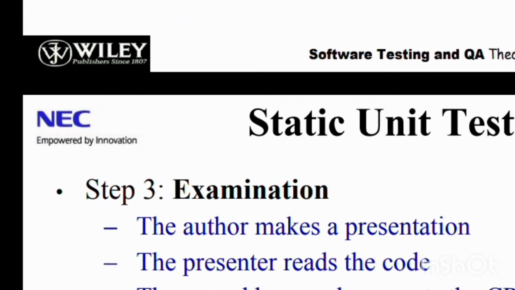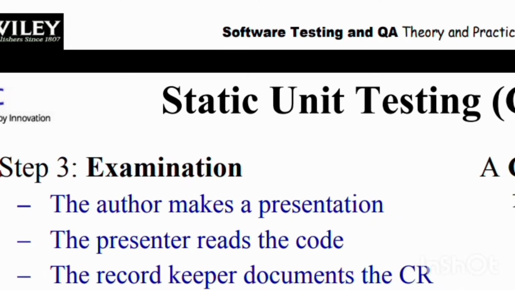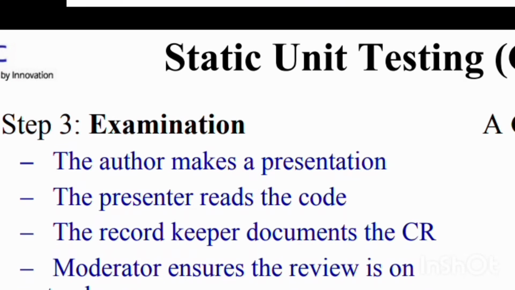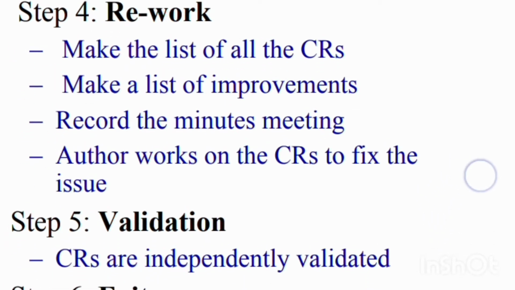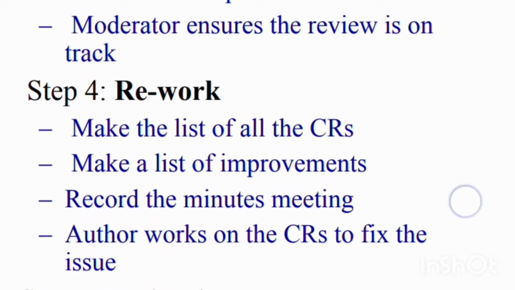Step 2, preparation: a list of questions, potential change requests (CRs), denoted by suggested improvement opportunities. Step 3, examination: the author makes a presentation, the presenter reads the code, the record keeper documents the change requests, and the moderator ensures the review is on track.